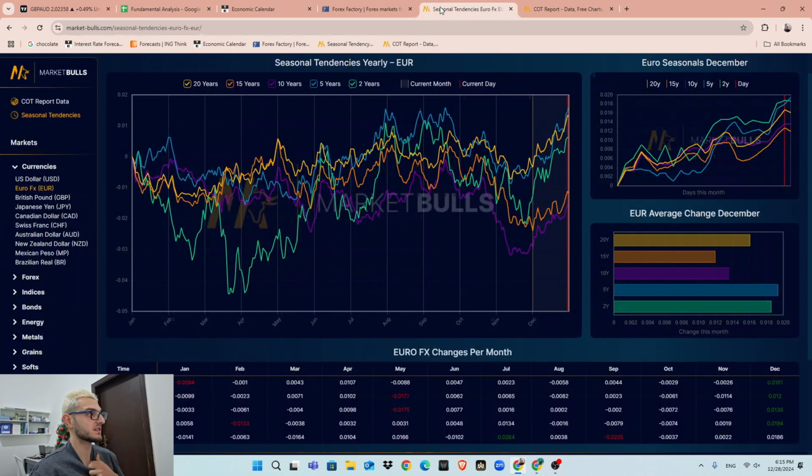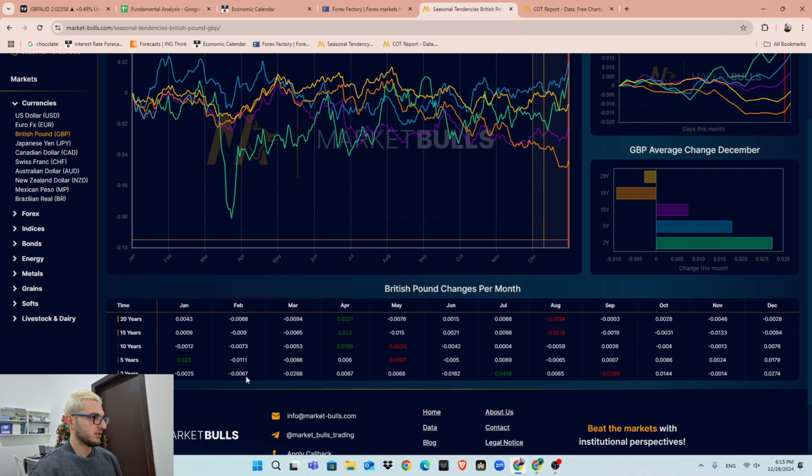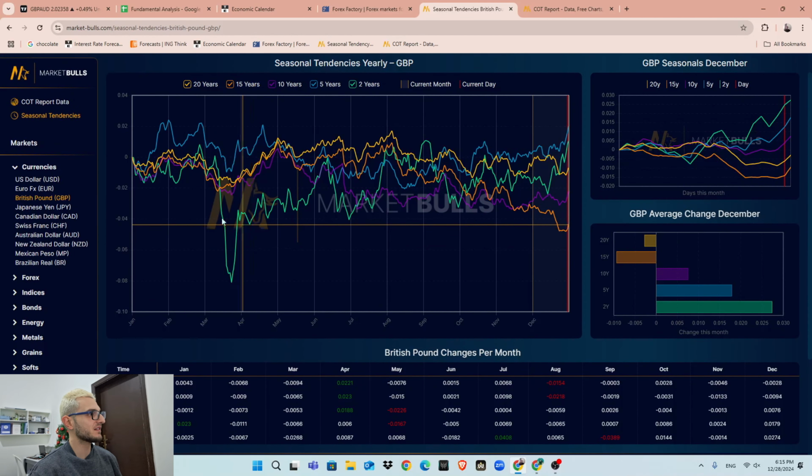Now, from a seasonality point of view, let's go to the British pound. You go down. Based on the average, if we see on the charts, there is not a huge increase except for the past 5 years, and it's almost a consolidation or a small increase at the end of January.